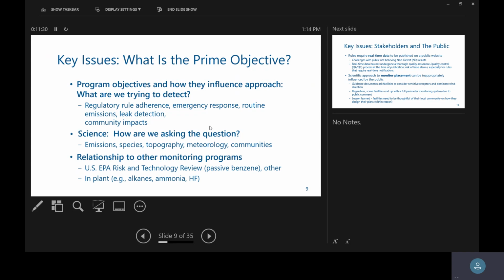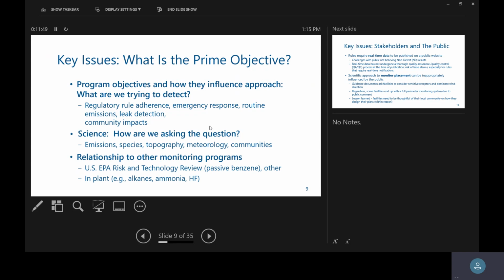So this is just an example of some various types of objectives. Generally, for these kind of programs, we're talking about adhering to some kind of a regulatory rule. There are also a lot of instances where emergency response is in place.